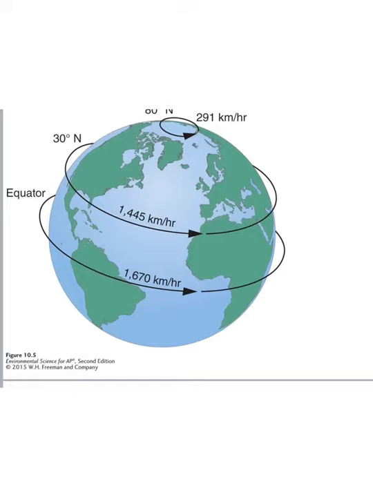That's a little over 1,000 miles per hour at the equator, however you want to say it, but it's only 291 kilometers, 181 miles per hour at like 80 degrees north or 80 degrees south latitude. So if the Earth did not rotate, the air and the convection cells that we discussed earlier would simply move directly north and then south and then back again.